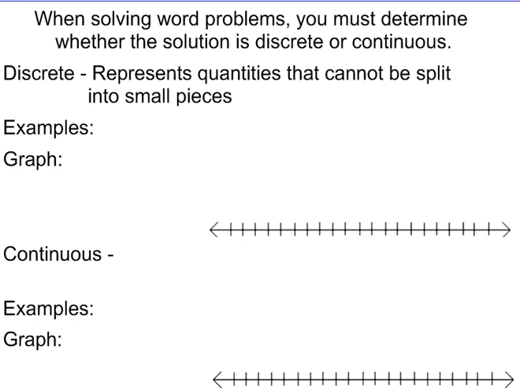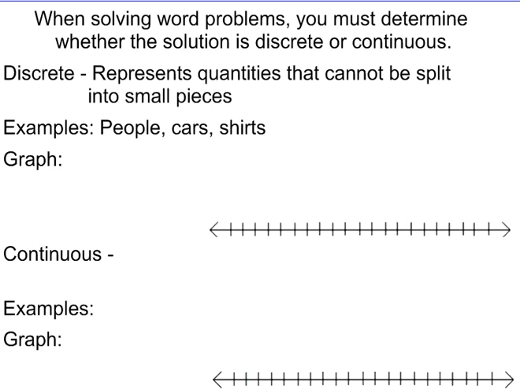So as an example, people or cars or t-shirts, those are things that don't really make sense to talk about having 2.5 people or 4.3 cars. It's not really going to make your word problem make very much sense in real life.